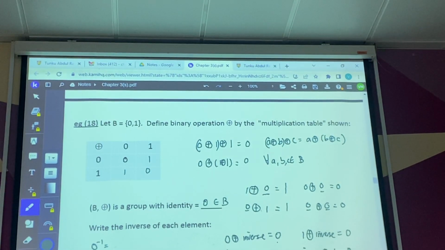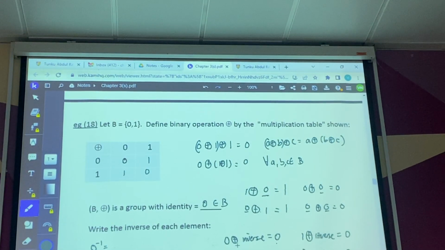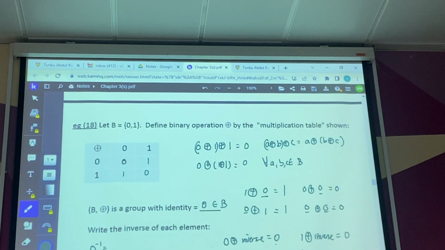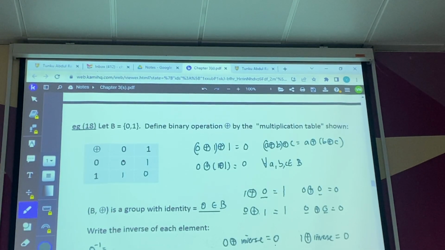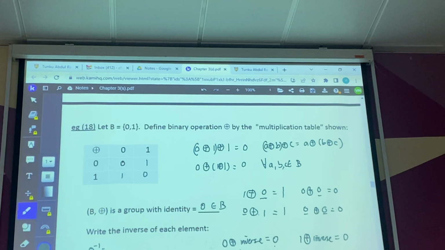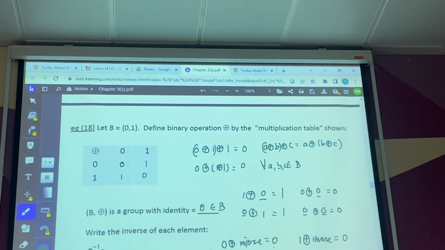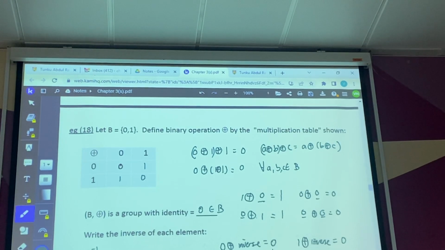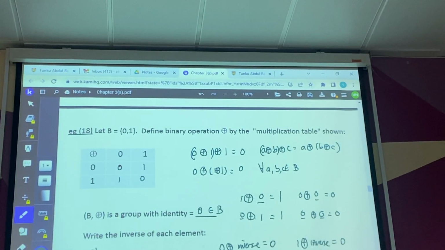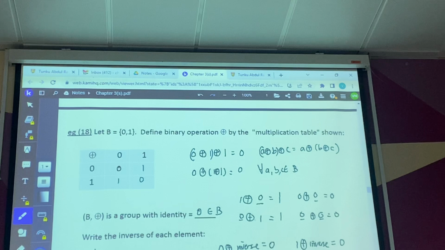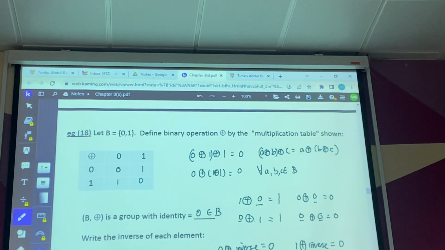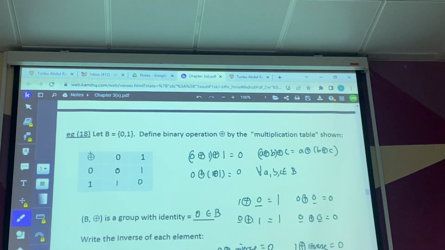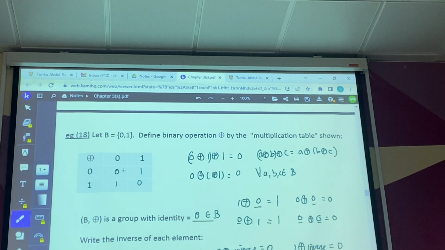What is the inverse for 0? 0 exclusive or what equals 0? 0, right? So the inverse of 0 is 0, because 0 exclusive or 0, you get back 0 here.